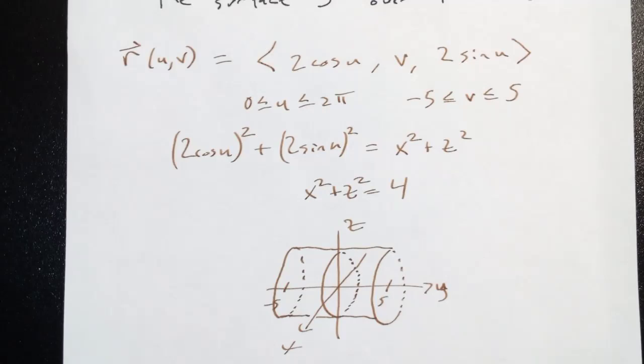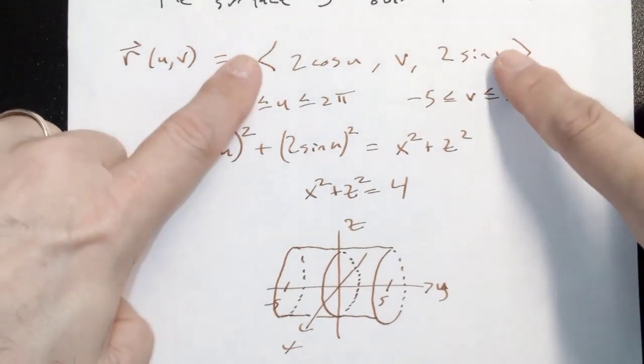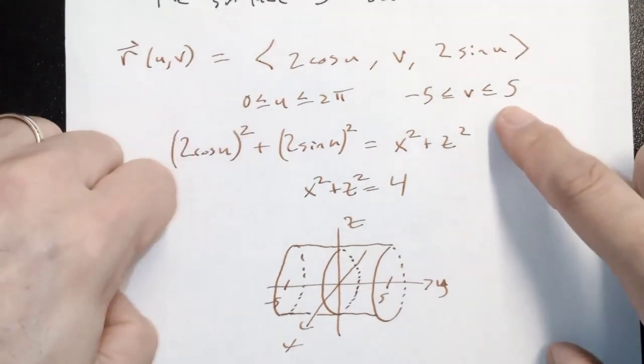Oh, no, this is x, y, and z. These are the axes, x, y, and z. I'm drawing the curves we've created. If I fix u, then x and z are fixed. What happens as v changes?